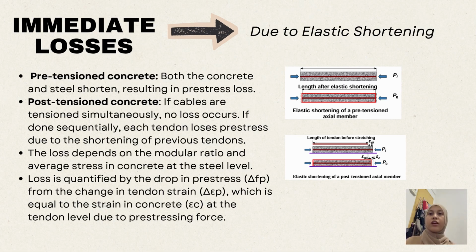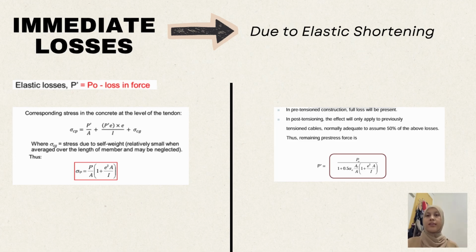If done sequentially, each tendon loses pre-stress due to the shortening from the previous tendons. Basically, the loss is quantified by the drop in pre-stress from the change in tendon strain, which is equal to the strain in the concrete at the tendon level due to the pre-stress force. Next is the formula that we will be using to find the immediate losses due to elastic shortening.